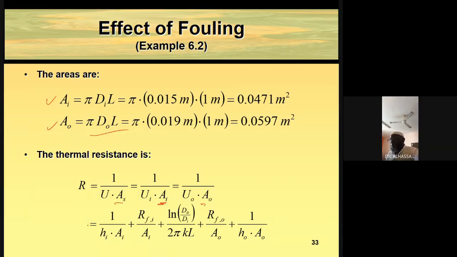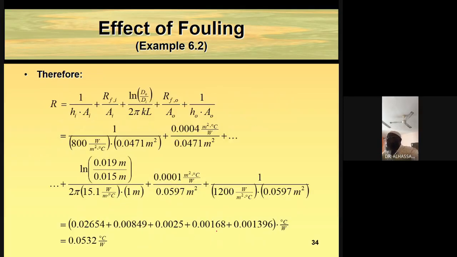So our R is given by the whole of this equation. These are the fouling factors for the inner and the outer. If we substitute all the parameters, HI, AI, AO, HO, RFO, RFI into the equation, eventually our total thermal resistance is given by this.